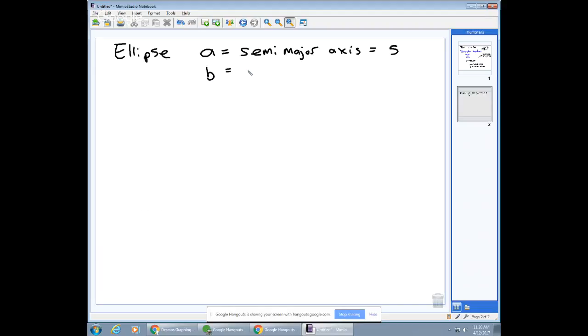B is usually what we call the semi-minor axis, and I think I wanted that to be 3 the other day.